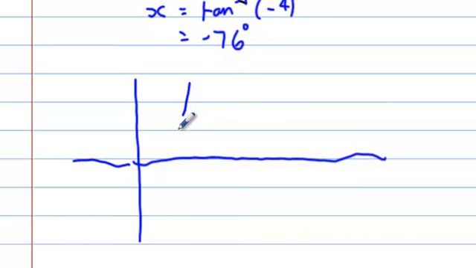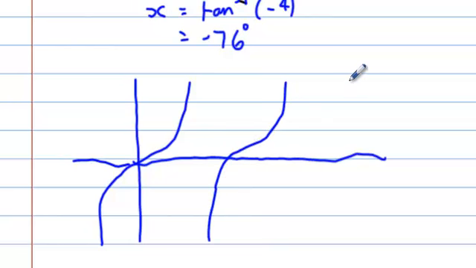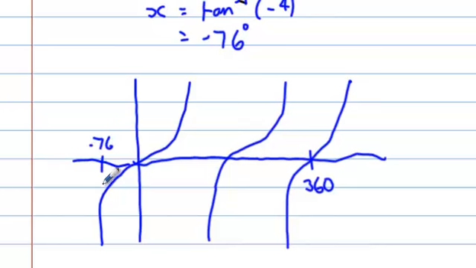So tangent has the long sweeping S shapes that are typical of the function. This takes us up to 360 here. We've got a solution back at negative 76, which is down here.